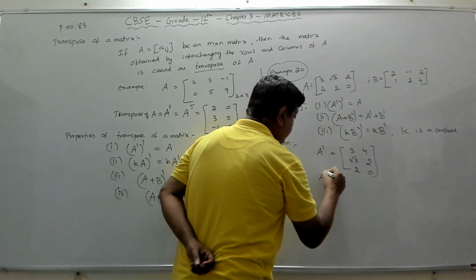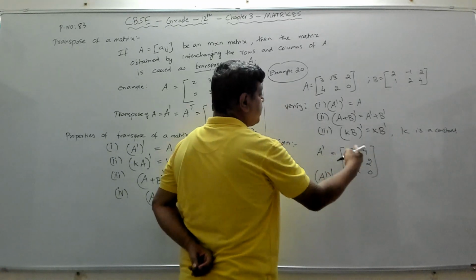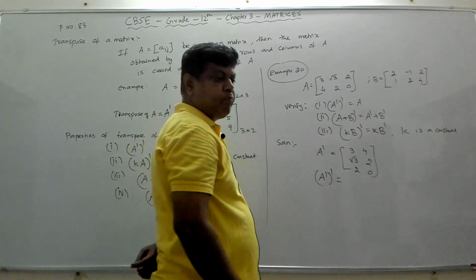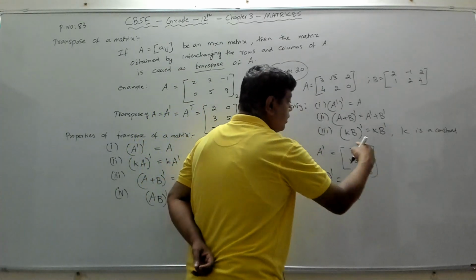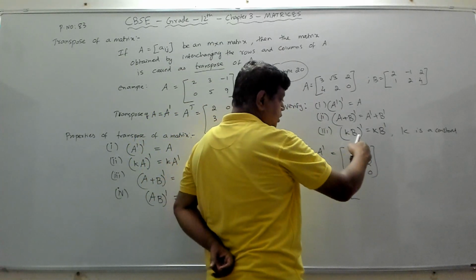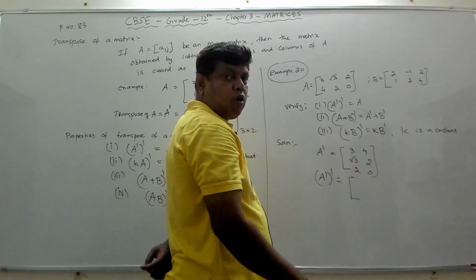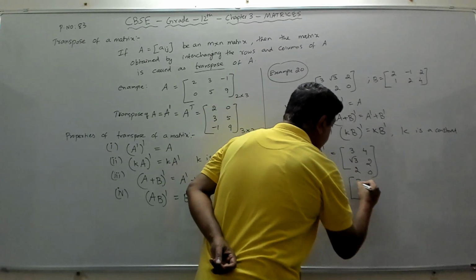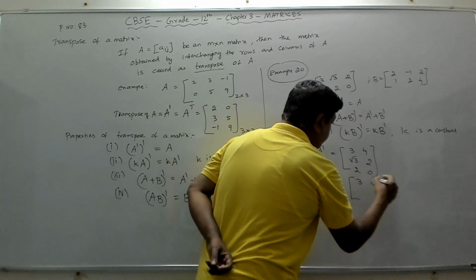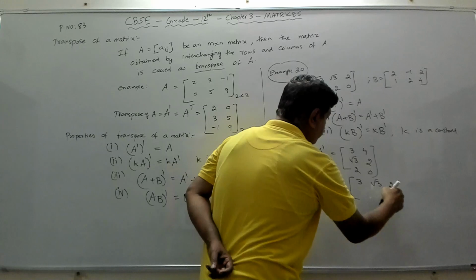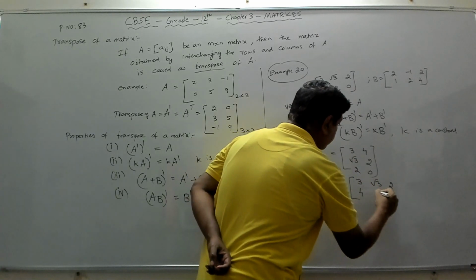Now I am going to take (A transpose) whole transpose. Again, for this matrix I have to interchange the rows and columns, which means the columns have to be written as rows and rows as columns. So I will write this as 3, root 3, 2. This column has become a row. Again here 4, 2 and 0.